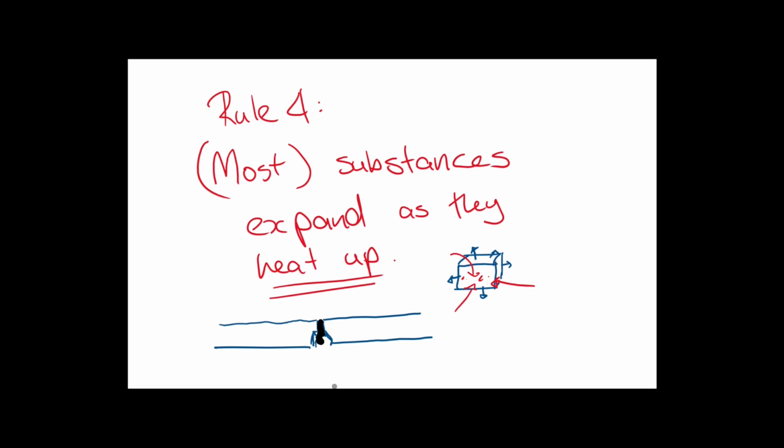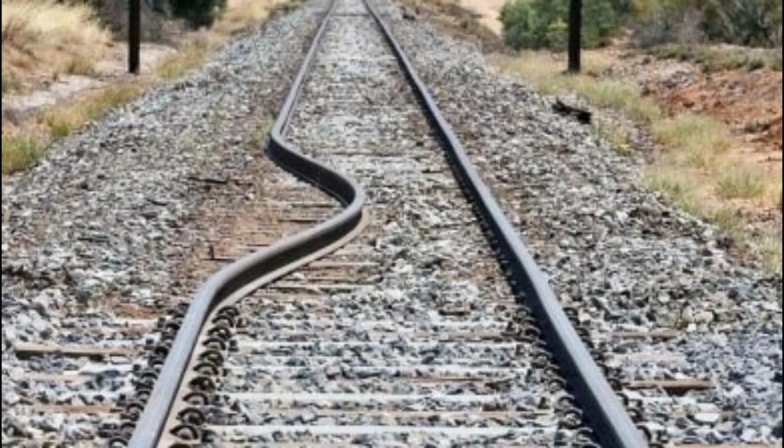The reason that there is this little gap here is that on a hot day, the rail is going to expand. If there wasn't a gap, these rails are going to push into each other and it's going to warp. So I'm going to put a picture of what happens if there isn't a sufficient gap in a railway line right now.